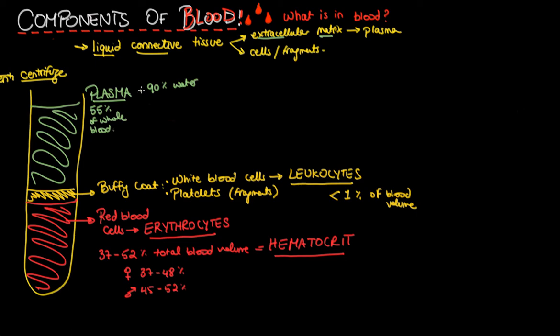So 90 to 92% of plasma is going to be water. Another important component are the proteins. There are different types of proteins that plasma contains, but a few of the most important are albumin. Albumin is important because it acts as a blood pH buffer.